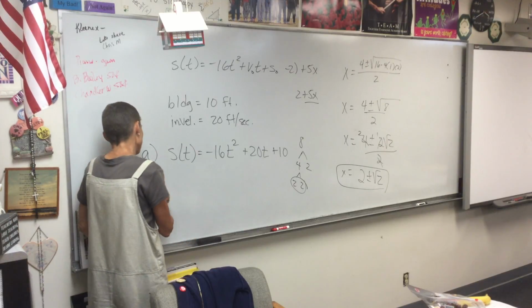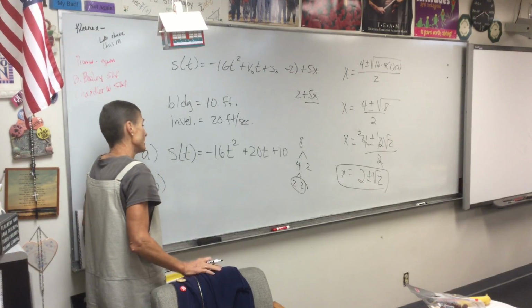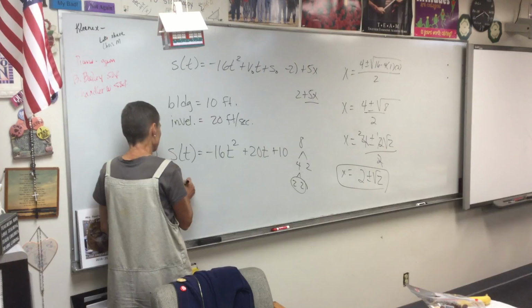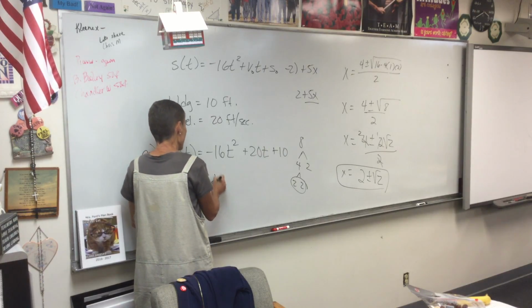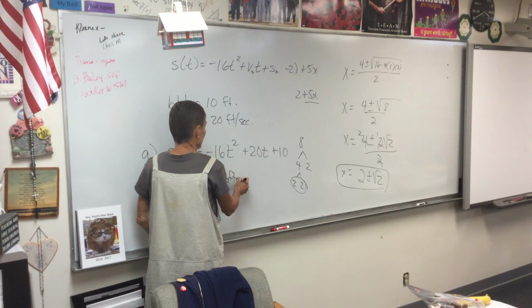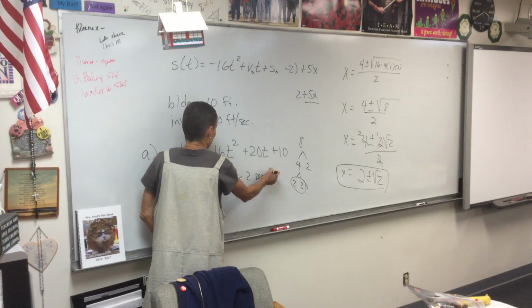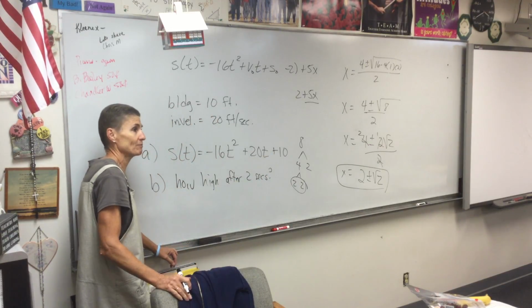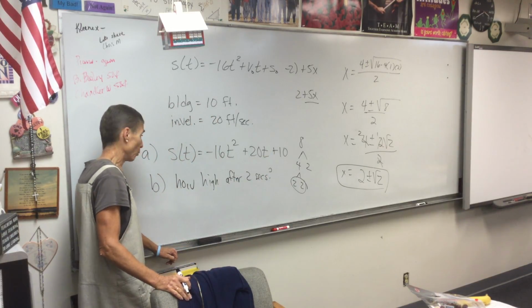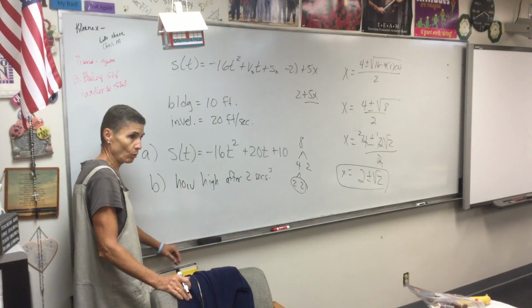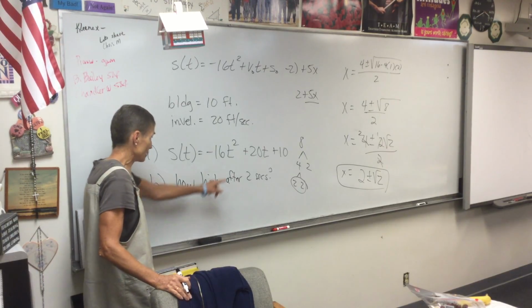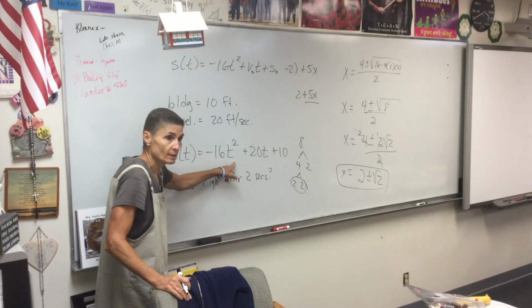Then there's a question, I'm thinking of the practice test, that says, how high after 2 seconds? Something like that. How high is the ball after 2 seconds? So what do we do to answer that question? We put 2 into t.